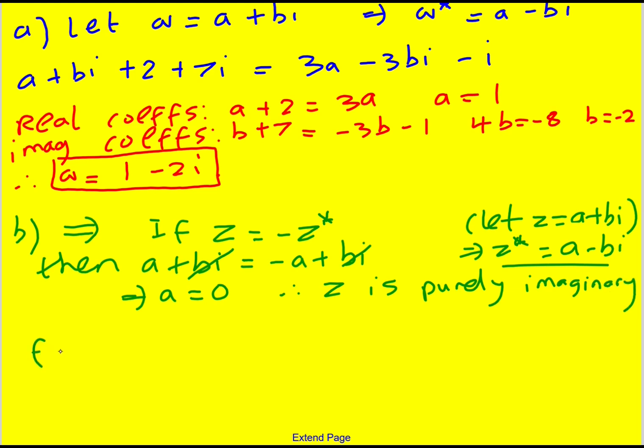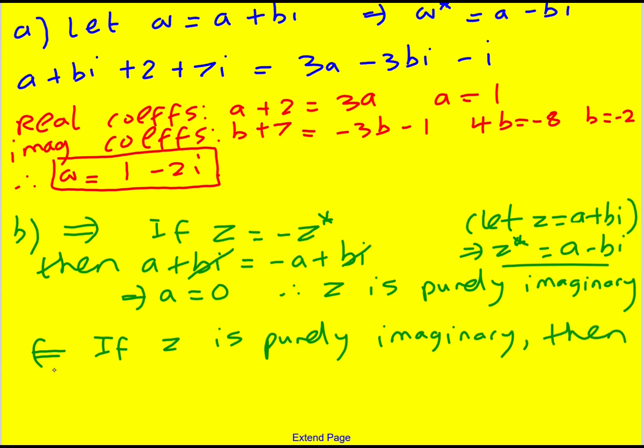Right, now to do the other way around. If z is purely imaginary, then z equals, for example, bi. This implies that minus z star is equal to minus minus bi, which is bi, which is z.